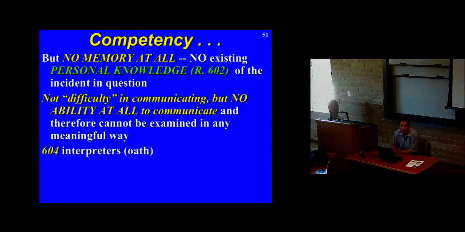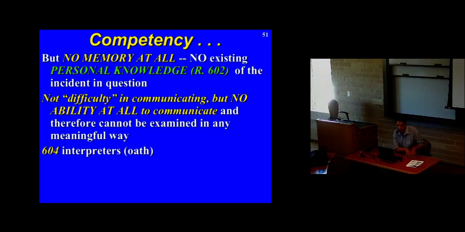Okay, under Rule 604, we need to have interpreters give an oath. Their oath is a little bit different than the oath of the person giving the testimony. That person has to give testimony as to what they witnessed.